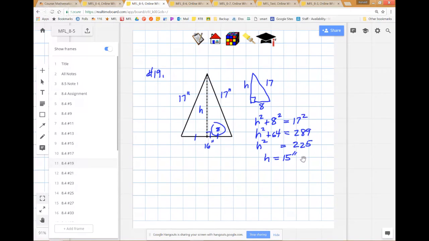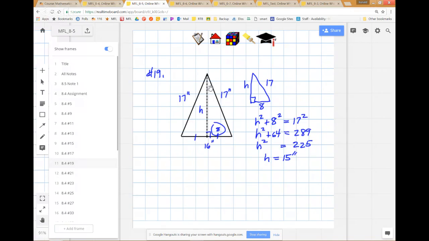So you see the 16 down there on the bottom. And the equal sides are 17 inches long. The other two sides are isosceles, so 17 are equal. Find the height of the triangle, that is the perpendicular distance from the base to the opposite vertex.